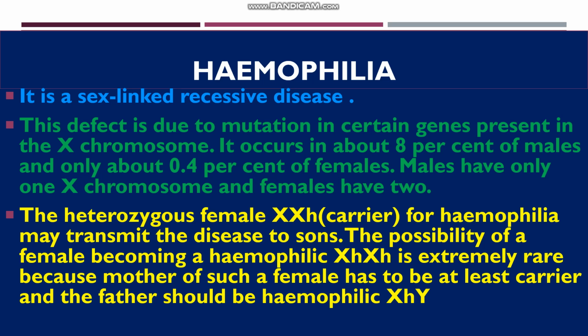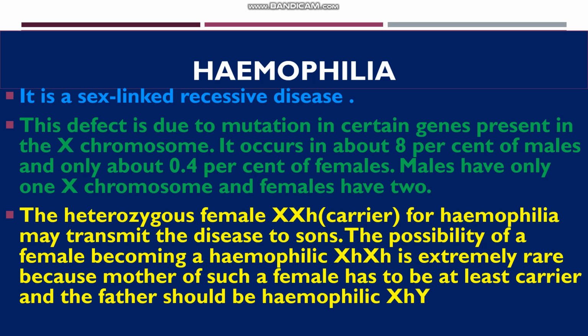The reason is the mutated gene is located in the X chromosome, and males have only one X chromosome, whereas females have two X chromosomes. So once the mutated gene is inherited by the male, there is no corresponding allele for the gene in the Y chromosome. So whatever the male inherits will be expressed.